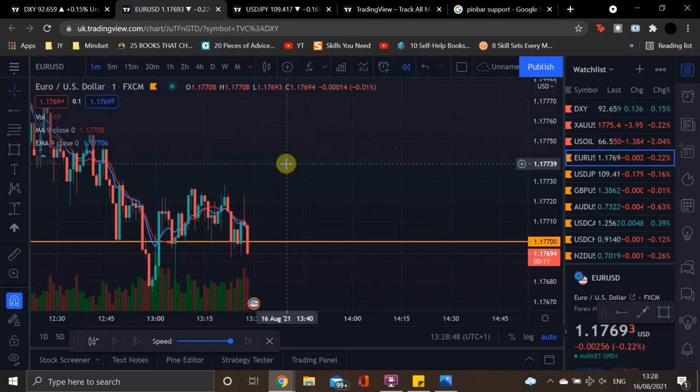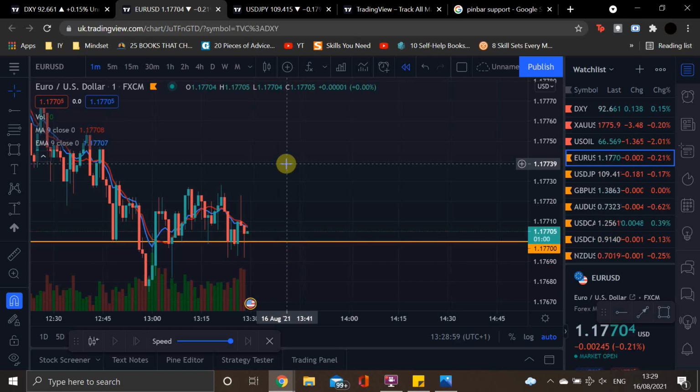Yeah, it's trying to break below. Need to get in. Might get in for a sell. For a sell at a buy limit. If I can't get in at a buy limit, then just leave it. Sorry, sell limit. Gotta watch the candles.